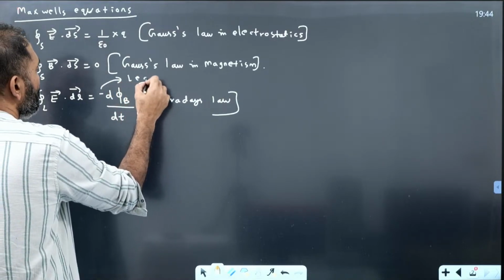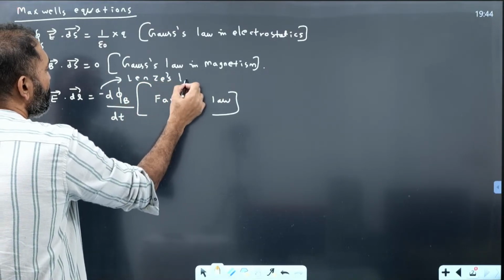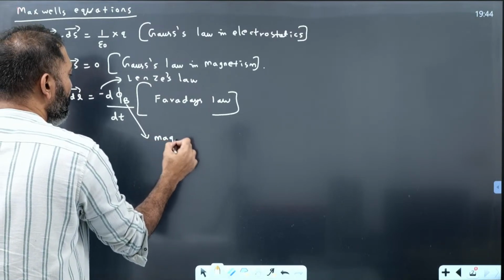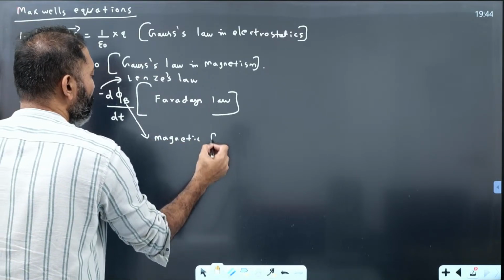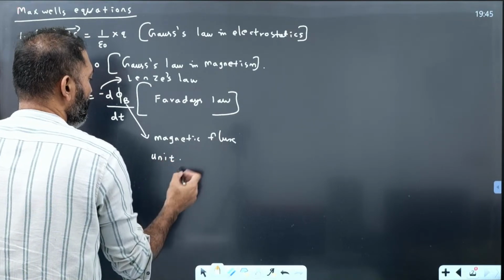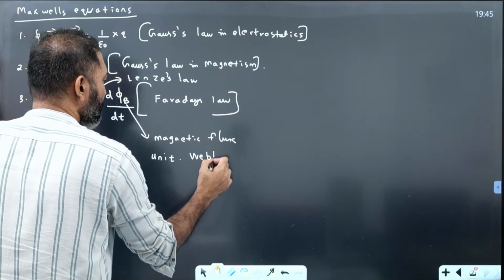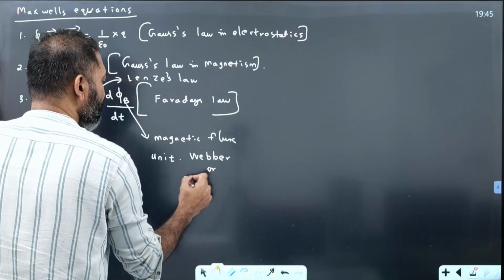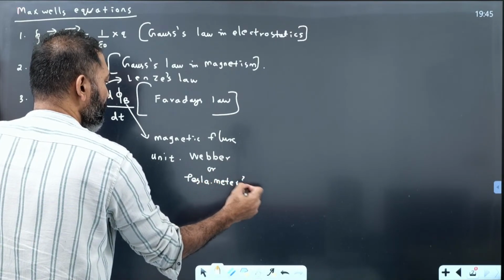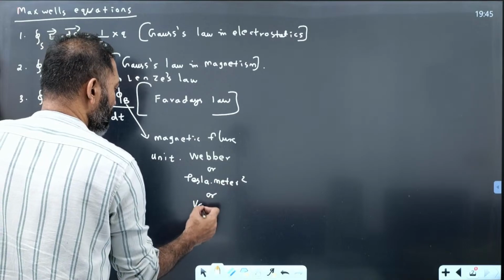Lenz's law. Now remember, what is this phi suffix b? It is magnetic flux. What is the unit of magnetic flux? Weber or Tesla meter square or volt second.